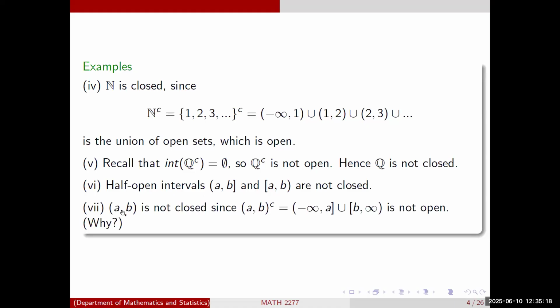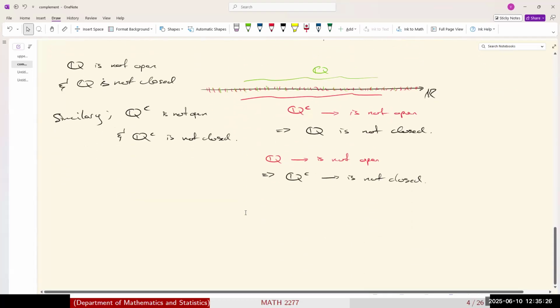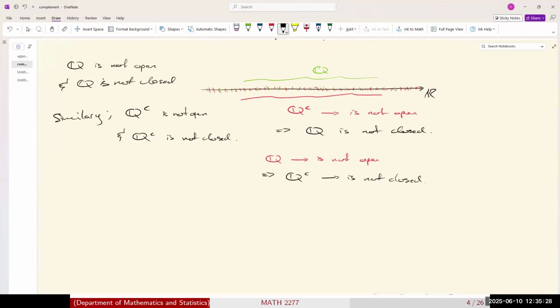Now, open interval (a, b), this is an interesting one. We know that open interval (a, b), of course, is an open set, but could it also be a closed set? Because remember, when it comes to sets, anything goes. You could have sets that are open and closed at the same time.